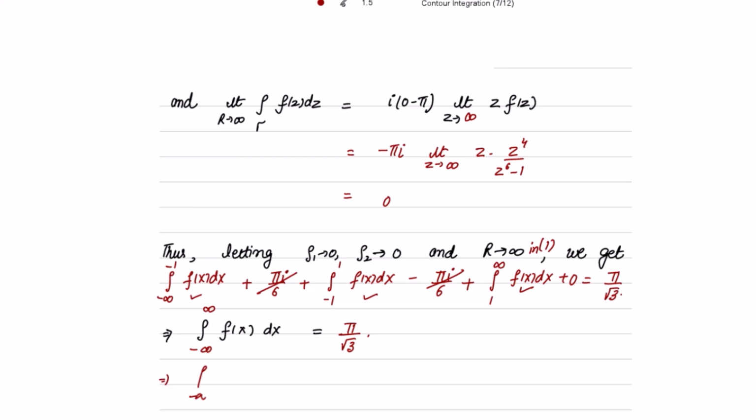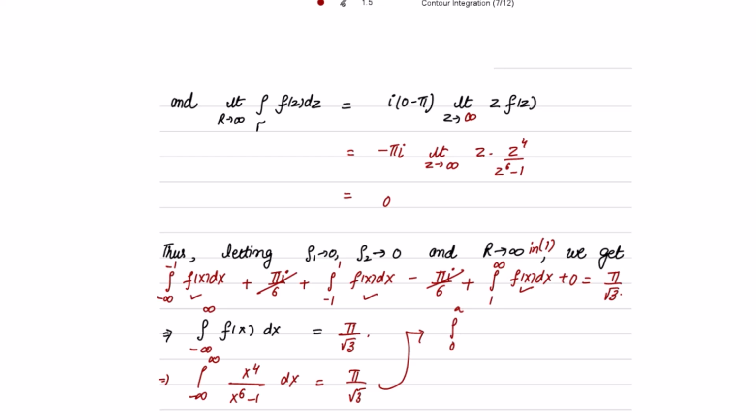It is from minus infinity to infinity. Now f(x) is x to the power 4 over x to the power 6 minus 1, dx is equal to pi over root 3. Now because this is an even function, this integral will become from 0 to infinity twice. Sorry, I'm writing over here.